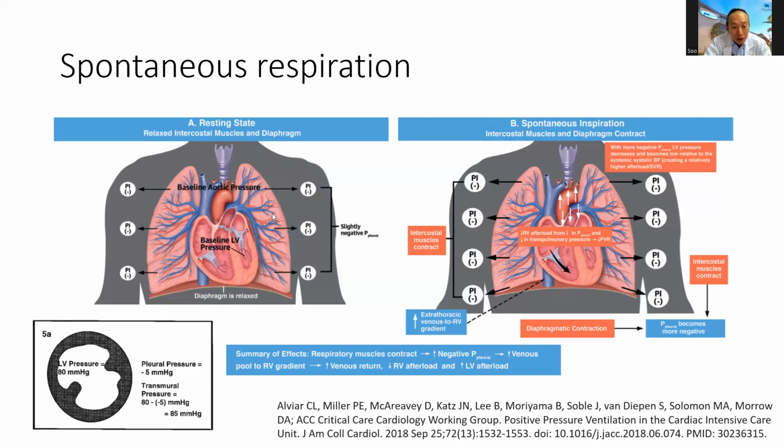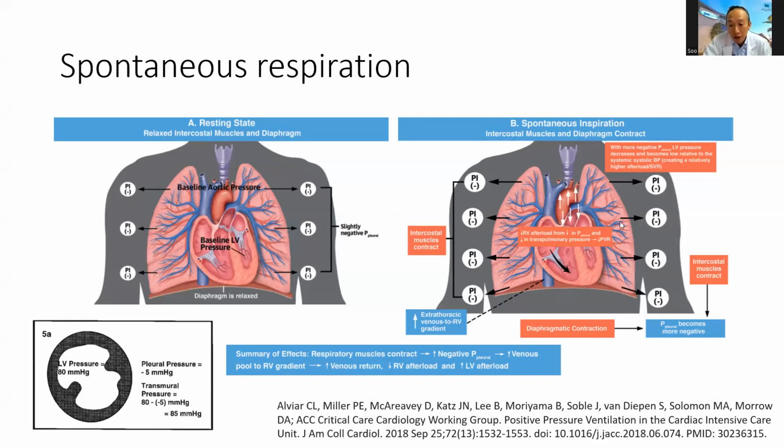Your rib cage being a very stiff structure, holding everything together, is slightly negative. So when your diaphragm starts to contract, you take a breath in. The whole pressure system inside, the pleural pressure, will actually become a little bit more negative.